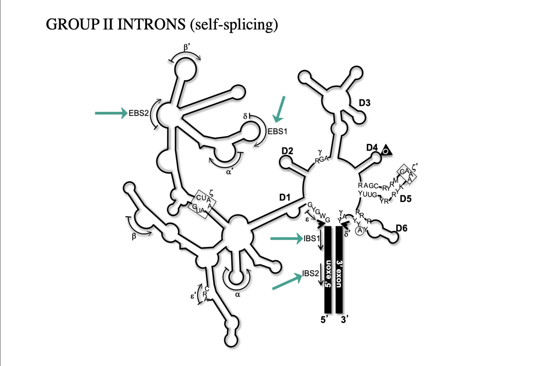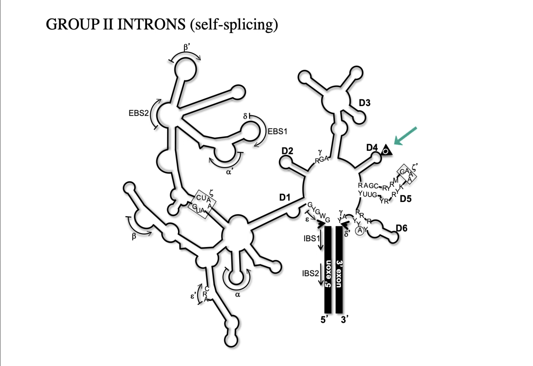There are also other regions that pair up, alpha and alpha prime, beta and beta prime, etc. And then in D6, you can see the adenosine, the A sticking out there, which is the nucleotide that starts out the reaction at the 5' intron exon border, covalently bonding to the other part of the exon or the intron to form a lariat structure.